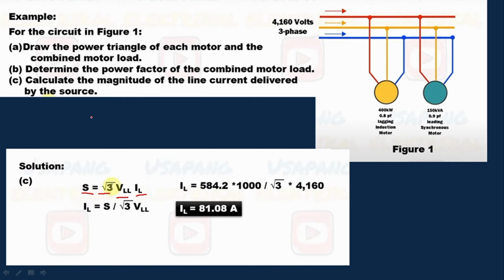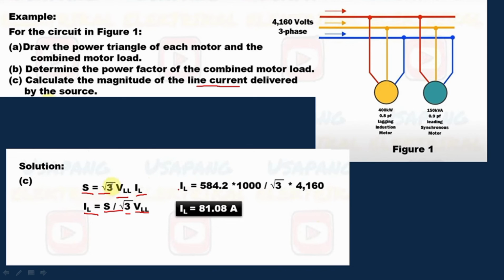What we are looking for in part C is the line current, so we just transpose. Line current is equal to S divided by the square root of 3 times line-to-line voltage.